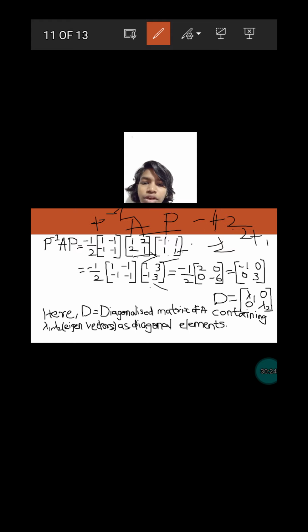In the same manner, multiply P inverse into this matrix, then we get 2, 0, 0, -6.